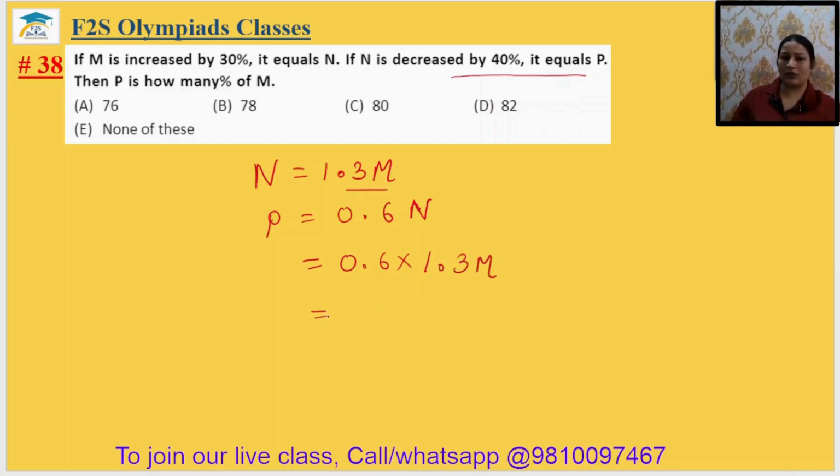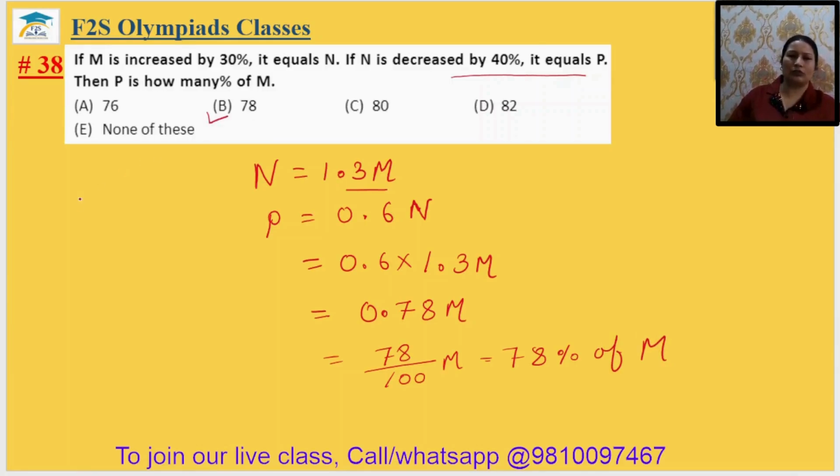After multiplying, we will get 0.78 M. That is 78 upon 100 M. We can write 78% of M. It is in option number B. The 38th answer is option B.